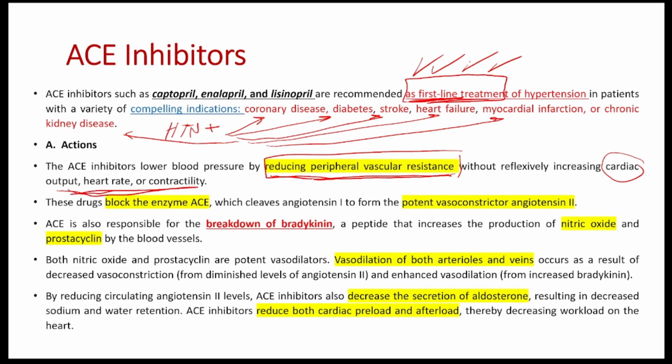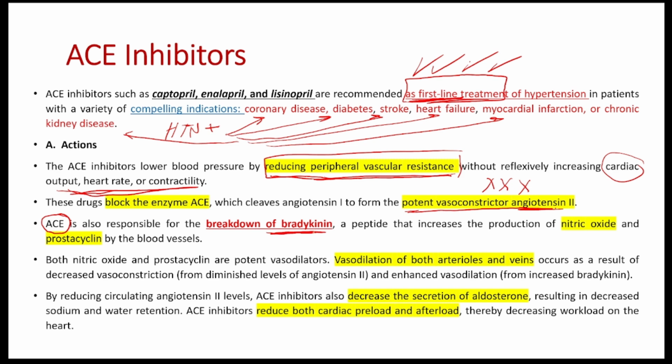By blocking this enzyme, we block angiotensin 2, which is considered the most potent vasoconstrictor, and the result will be decreased peripheral resistance. On the other hand, we need this enzyme, angiotensin converting enzyme, for the breakdown of bradykinin.